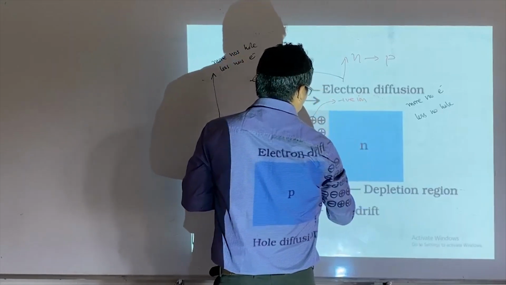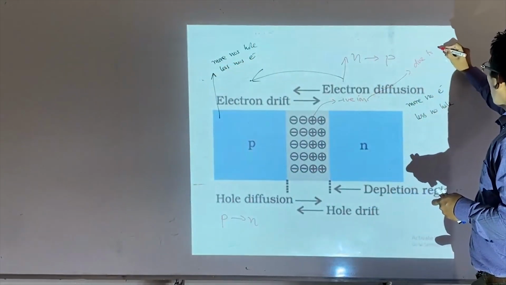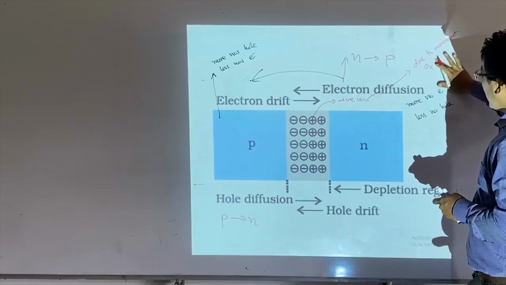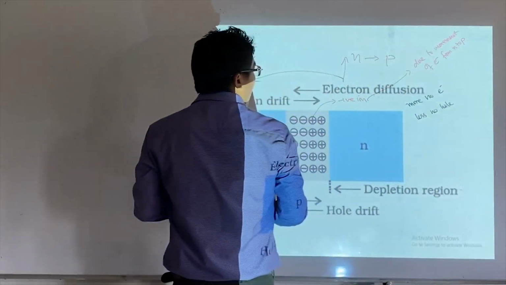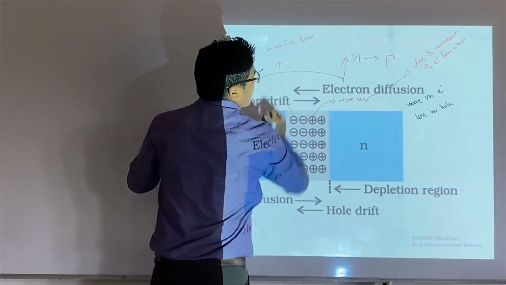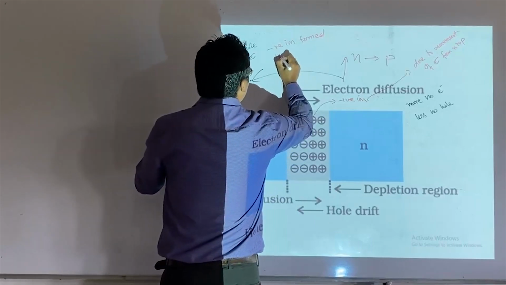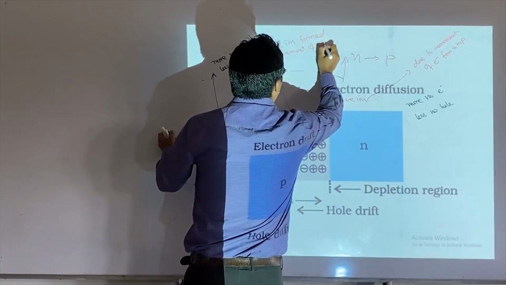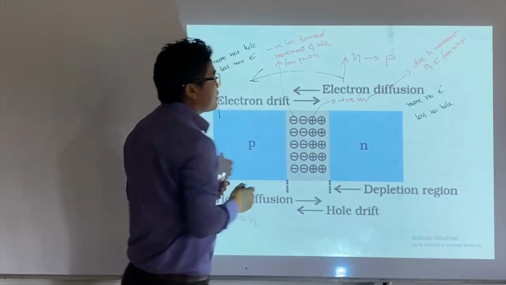The positive ion is created due to movement of electrons from N to P, and a negative ion is formed due to movement of holes from P to N. So this is what we have.